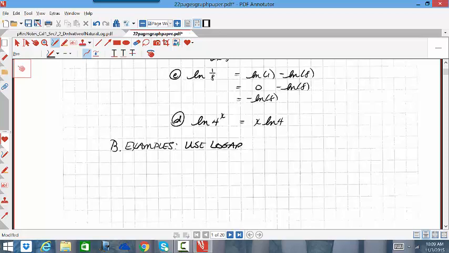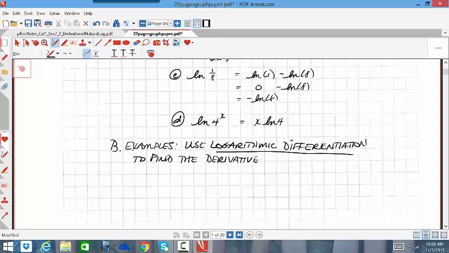That's how you know that they want you to use this process, so be sure you look closely at the question.